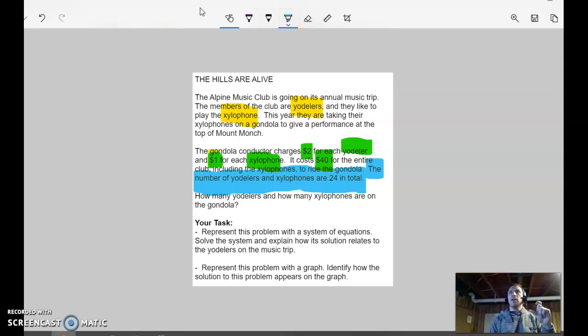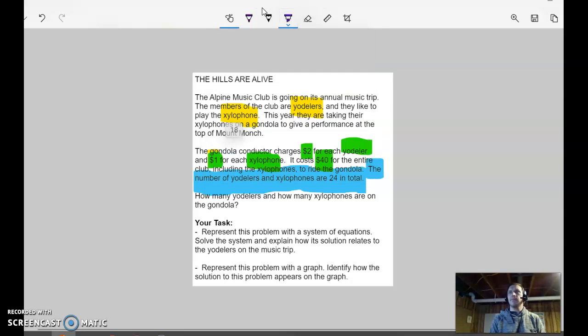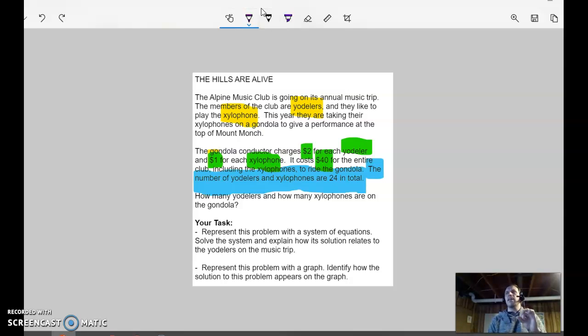So we have a $40 cost and 24 in total. So the question that's being asked is this: how many yodelers and how many xylophones are on the gondola? So that's what we want to guess. How many yodelers and xylophones?